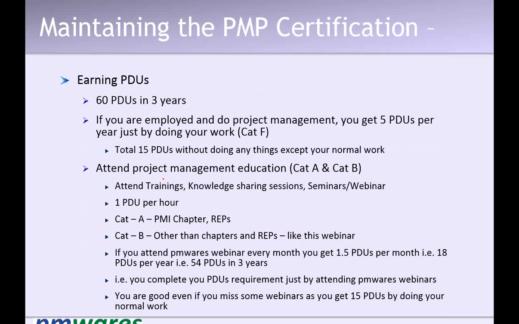You get 5 PDUs per year for just doing your professional work as a project manager or in a role which is primarily project management. Okay, so 5 PDUs per year means in 3 years you get 15 PDUs. So out of 60 PDUs, 15 PDUs you get without any other effort. So your problem is only to earn 45 PDUs, not 60 PDUs.